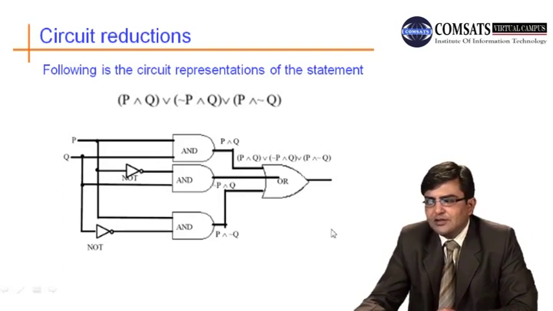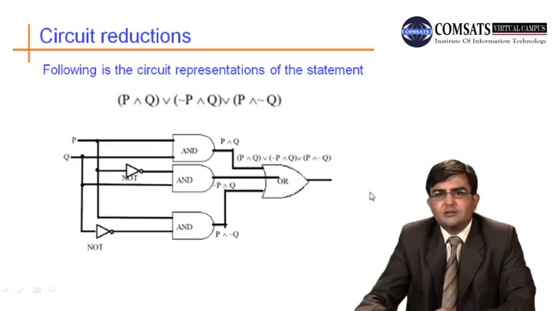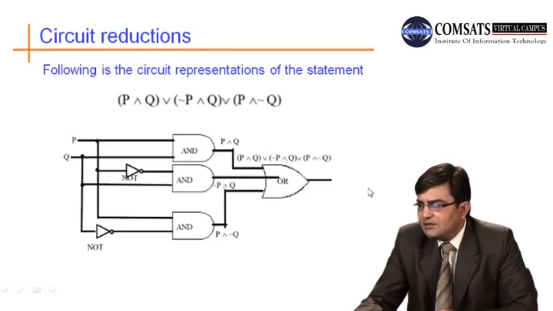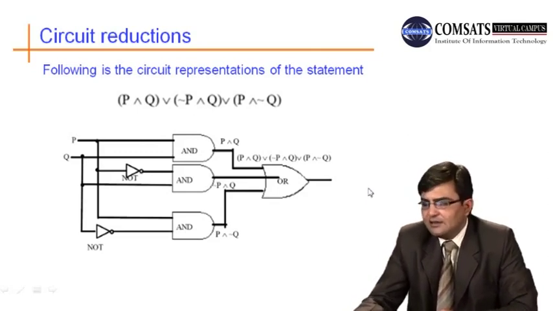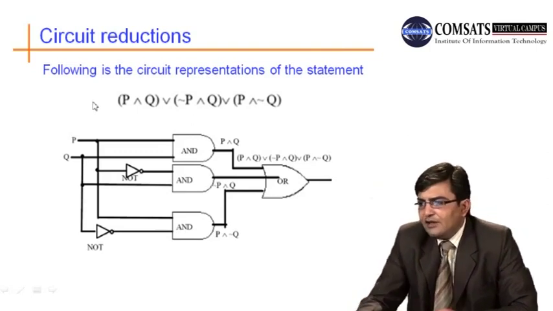Now, using laws of logic, we can simplify this logical expression, as we have, if we take the left hand side P and Q, not P and Q, and P and not Q.